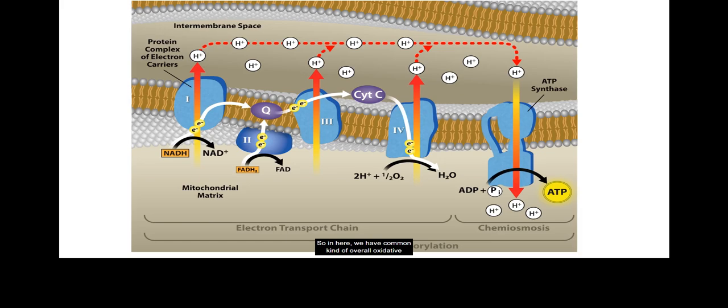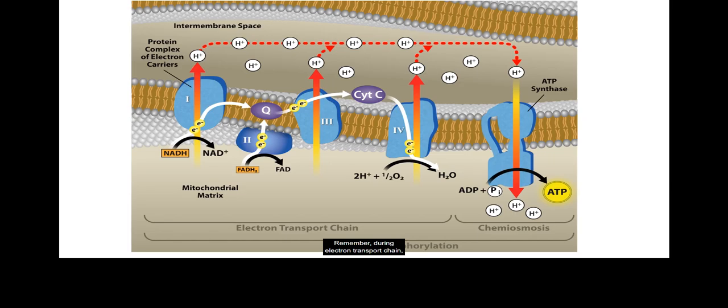So here we have the overall oxidative phosphorylation, which combines two processes: the electron transport chain on this side and chemoosmosis on the other side.